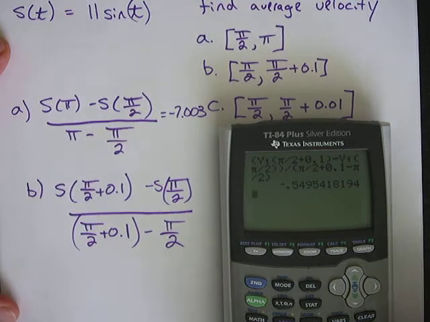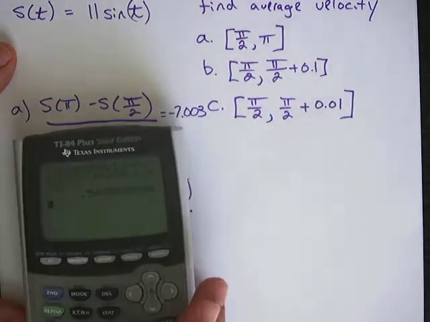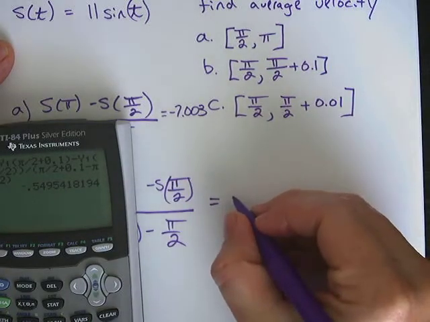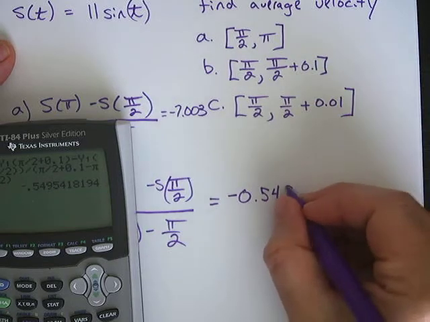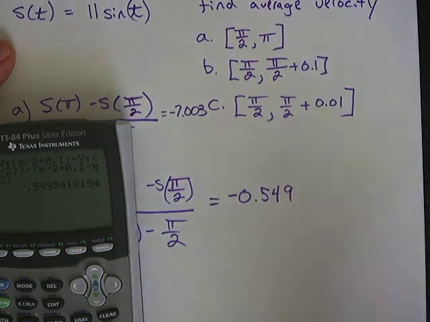Okay, so it looks like as we move closer to pi over 2, both points being near pi over 2, our slope is getting definitely less negative. So this would be negative 0.549. I'll just leave it at that.